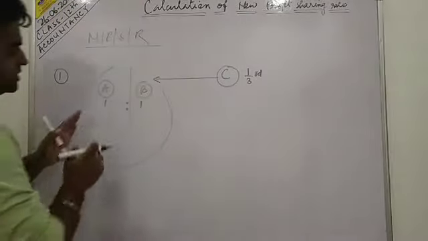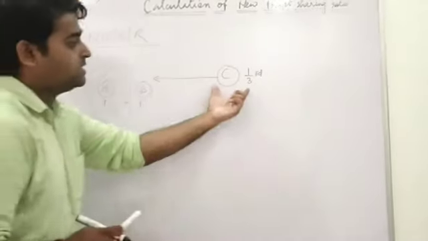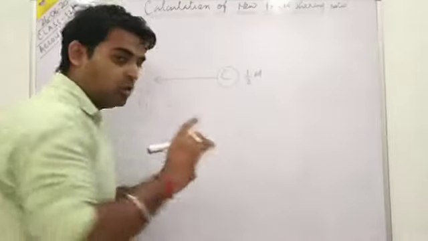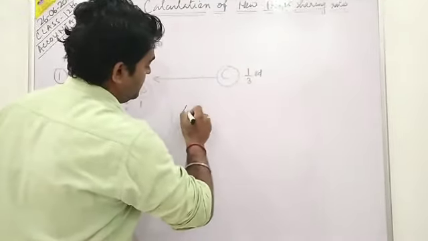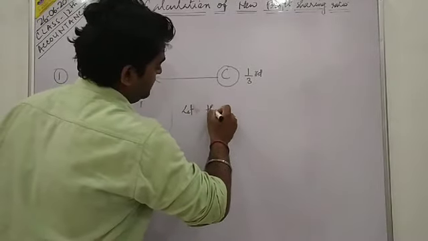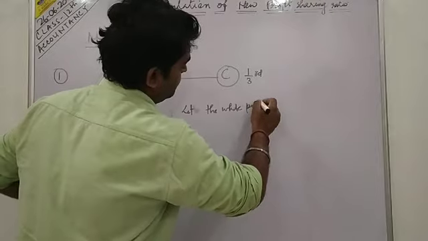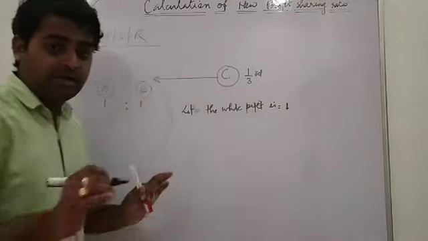So we will calculate. Suppose A and B are two partners and C is coming for 1/3. Let the whole profit be 1.